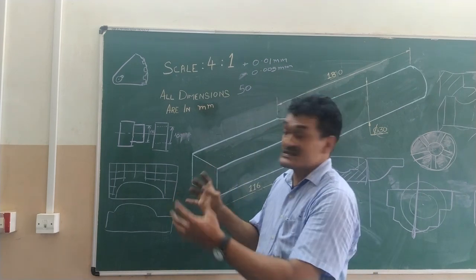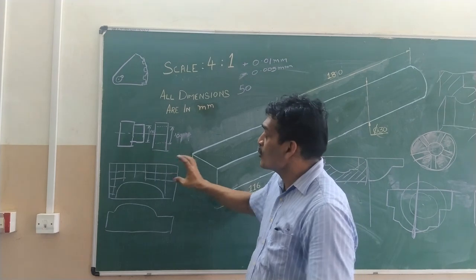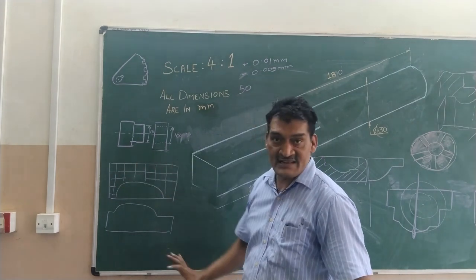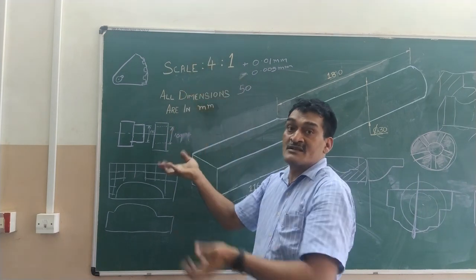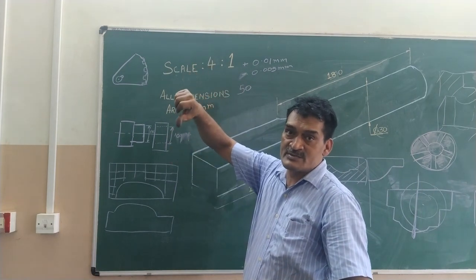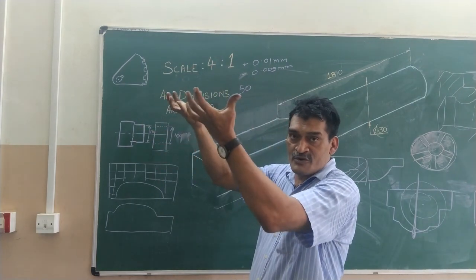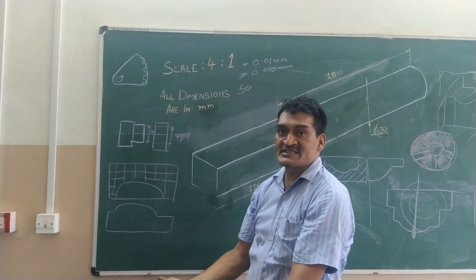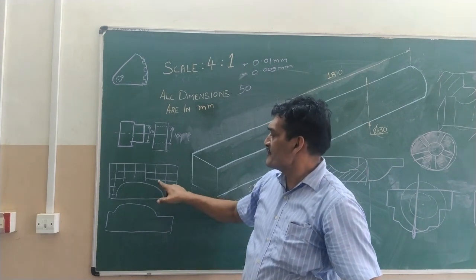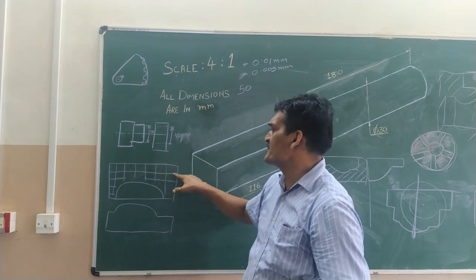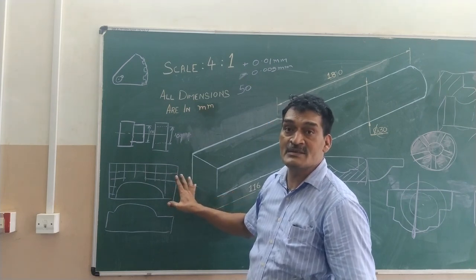So as these ribs, we can call them ribs, hold the sand in position, when the molten metal is poured, your sand from the mold doesn't collapse into the casting. So when we prepare such small rib cage sort of thing, we call it skeletal pattern.